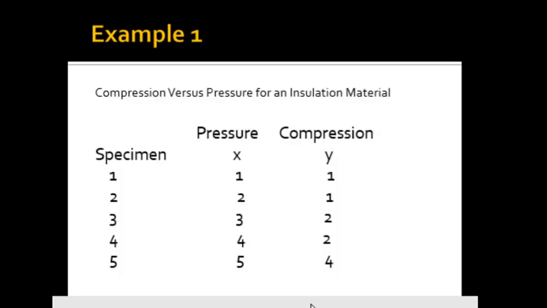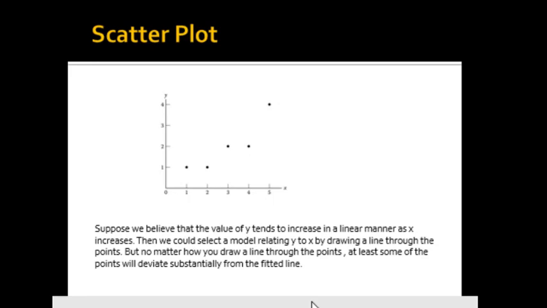So let's look at the data and see how it looks. So here is the data. We have these values of pressure that were used, 1, 2, 3, 4, and 5, and the resulting compression is given here. Okay, so let's start by plotting a scattergram. So here's the scatter plot. So these are the data points. As you can see, there seems to be an increasing linear pattern here.